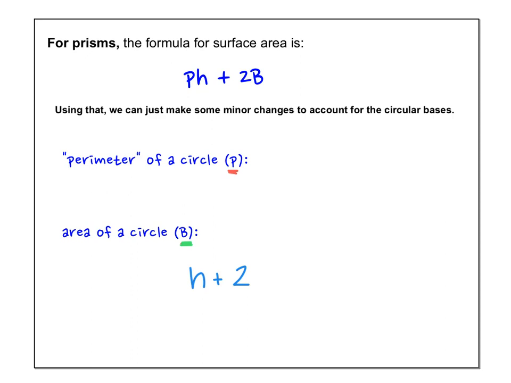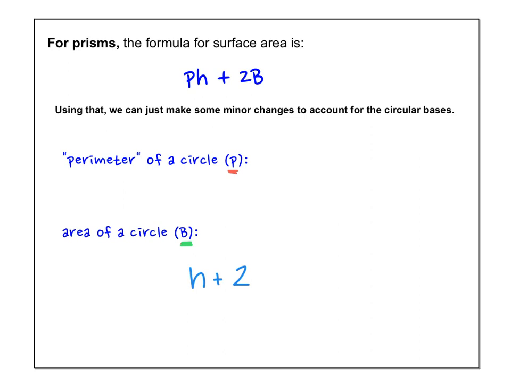Some of us have been using a formula to calculate the surface area of a prism, and that formula is Ph plus 2B, where P stands for the perimeter of your base shape, h stands for the height of the prism, and capital B stands for the area of your base. Since cylinders are really like circular prisms, we can take that formula and make a few adjustments to get a new formula for only cylinders.